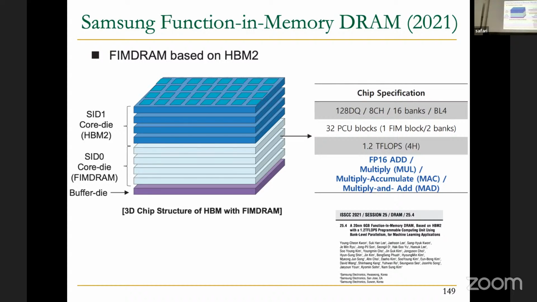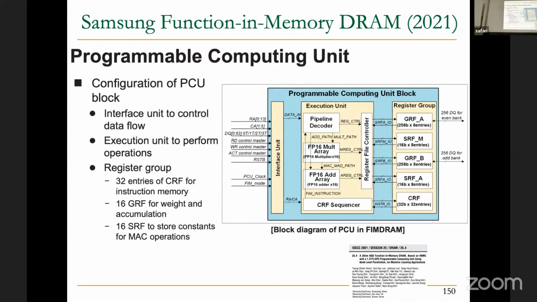Here we are not using DIMMs, we are using 3D-stacked memories, and we repurpose some of the layers of the 3D-stacked memory to do computation. This is quite a simple SIMD engine that is targeted to implement multiply and accumulate.